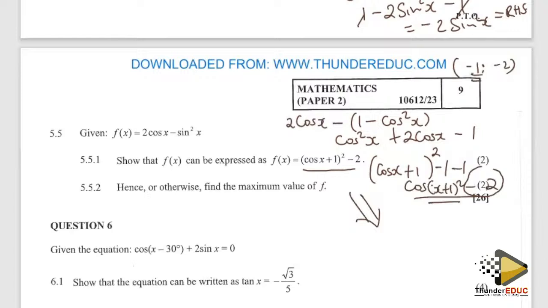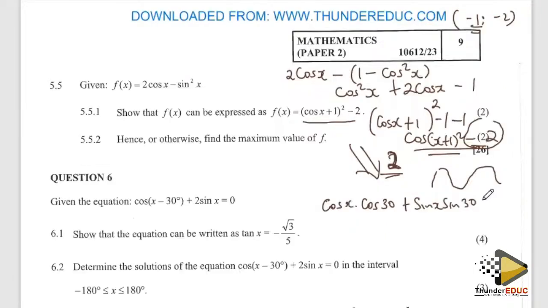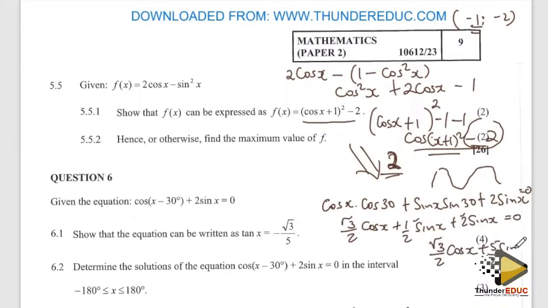the turning points. Okay, so since this is a graph of cos plus 2 sine x is equal to 0. From our calculators, we know that the cos of sine x is equal to 0. Then I can choose to divide through by cos.